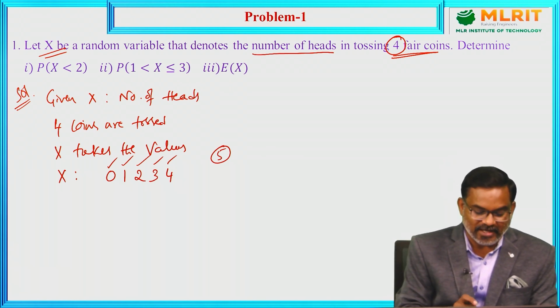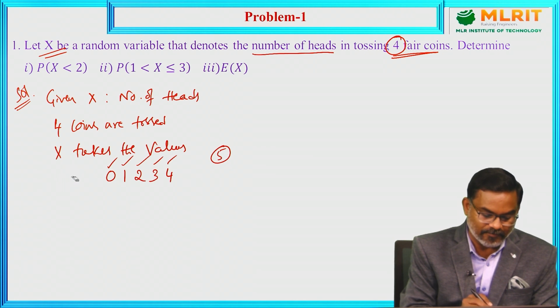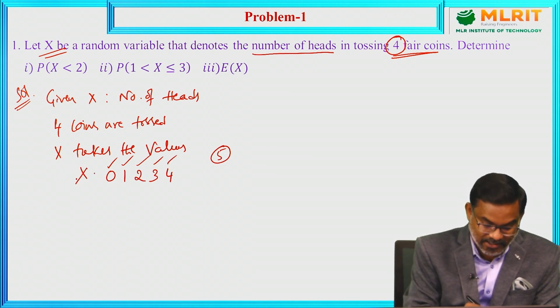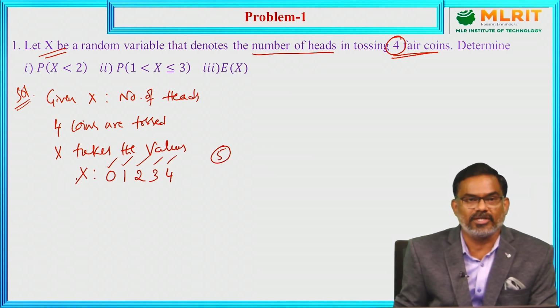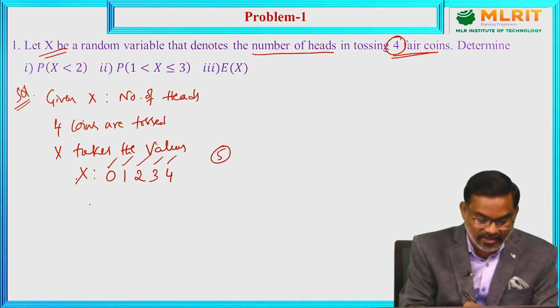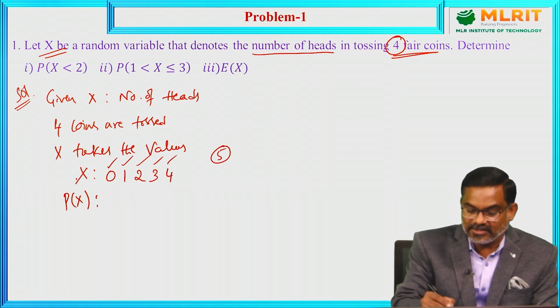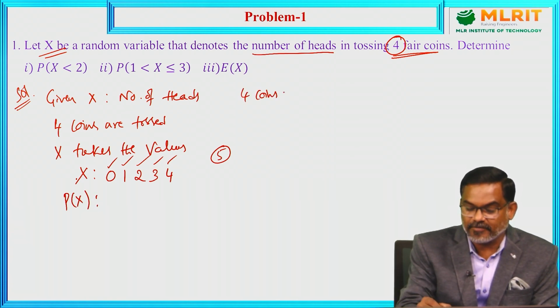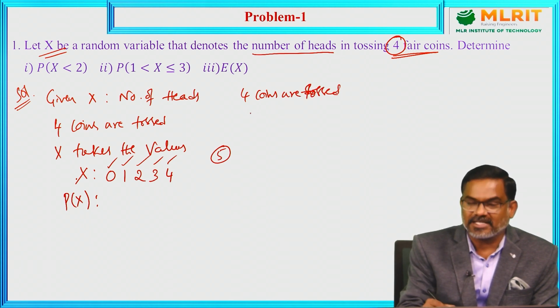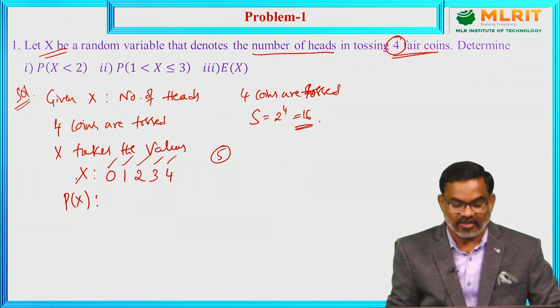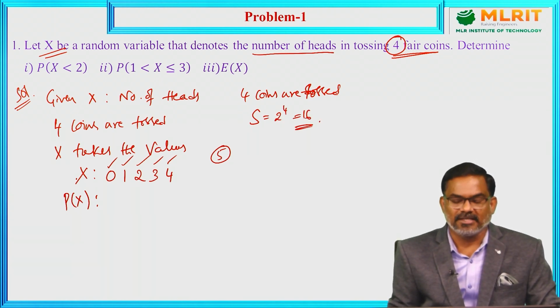So here capital X takes the values 0, 1, 2, 3 and 4. Now we need to calculate the corresponding probabilities, probability of each value. And here, since 4 coins are tossed, the sample space S contains 2 power 4, that means 16 elements.